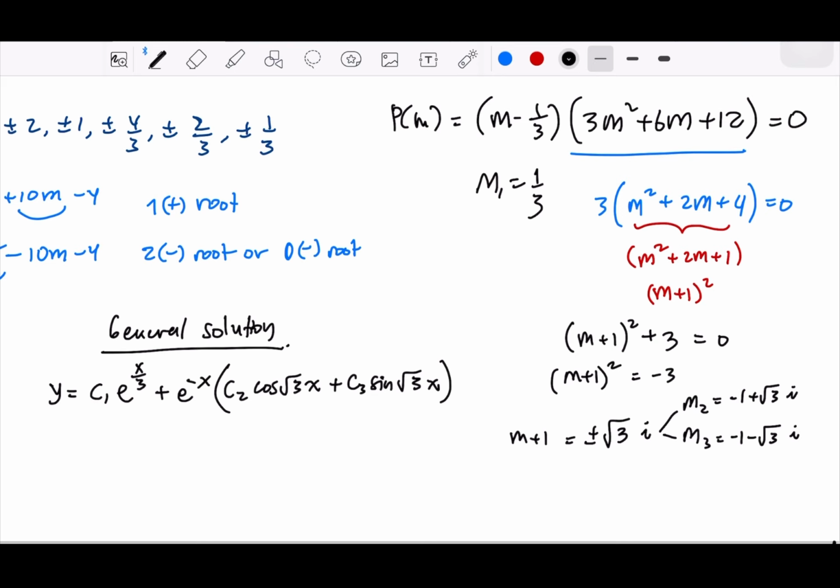But we now have more roots that we can combine. We can have the first case with the third case, and we can also combine when we have multiplicity. Then don't forget that we need to multiply with x, or x squared or x cubed if we have more multiplicity. Okay.